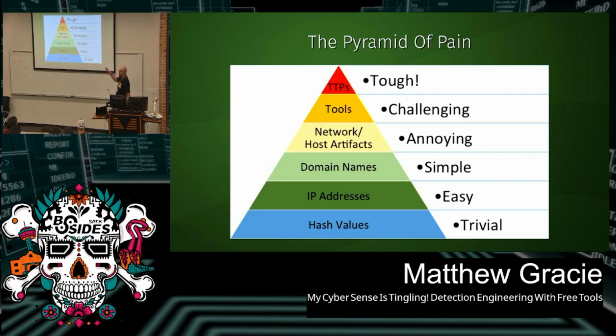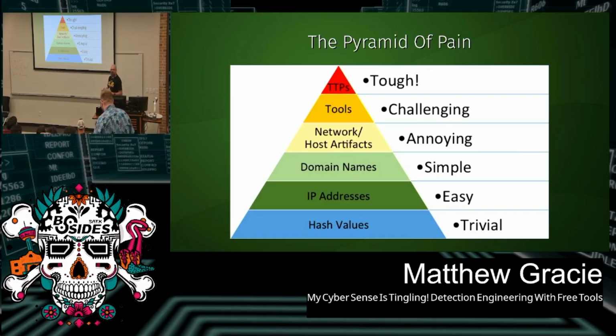Network or host artifacts, right? Now we're getting into the stuff that's harder for the adversaries to change. If they're always using PSExec to do the lateral movement, or they're always opening named pipes, right? We can write detections around that, and it's much harder for them to change it up, right? If they're changing the name of the executable that they're using, or they're changing its hash value, that's simple.